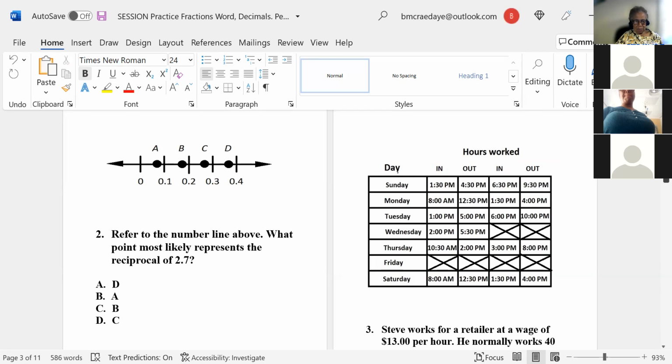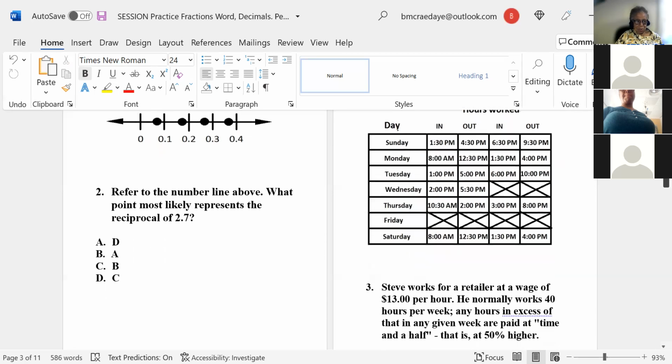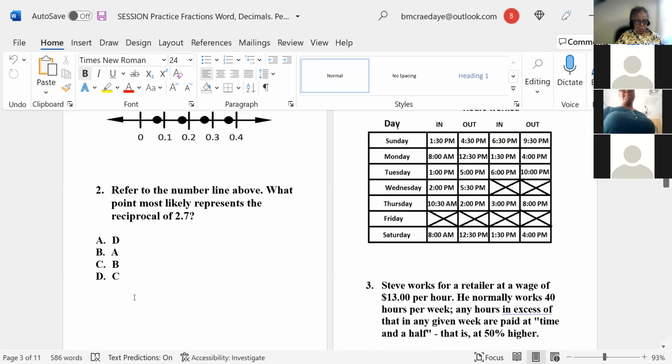It means when you change the bottom number to the top number. No, you just flip the number. You take the 2.7, which is really 2.7 over 1, right?